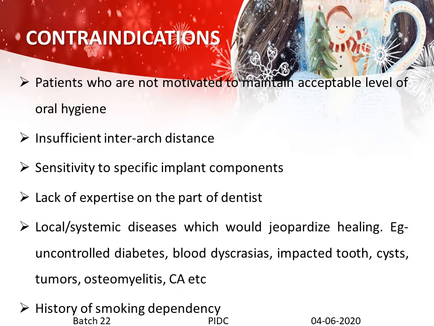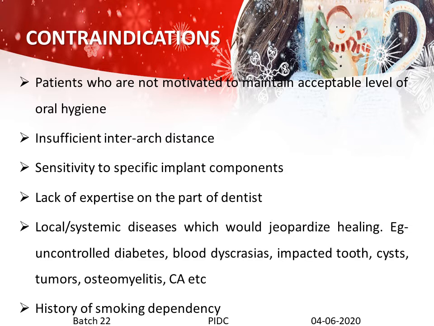Next, coming on to the contraindications. This is a very important contraindication. Patients who are not motivated to accept proper, good oral hygiene measures are totally contraindicated for this procedure. As I told you already, the junctional epithelium is more permeable here and less adherent, so try to defer such patients, or motivate them to maintain proper oral hygiene before going for the placement of the implants.